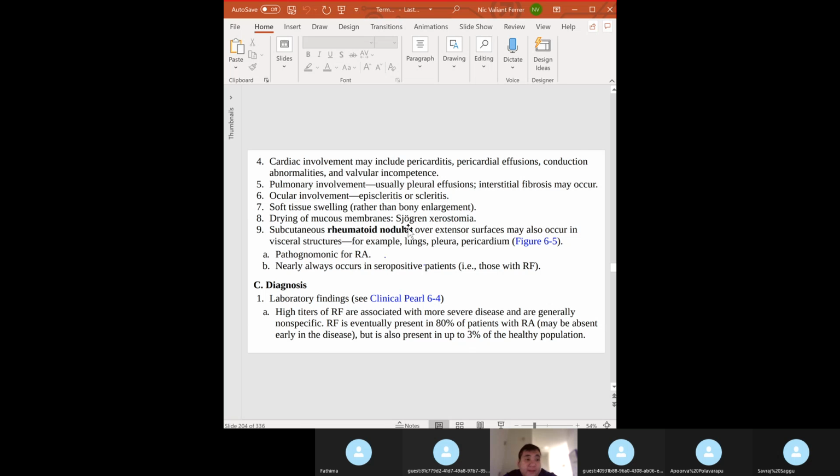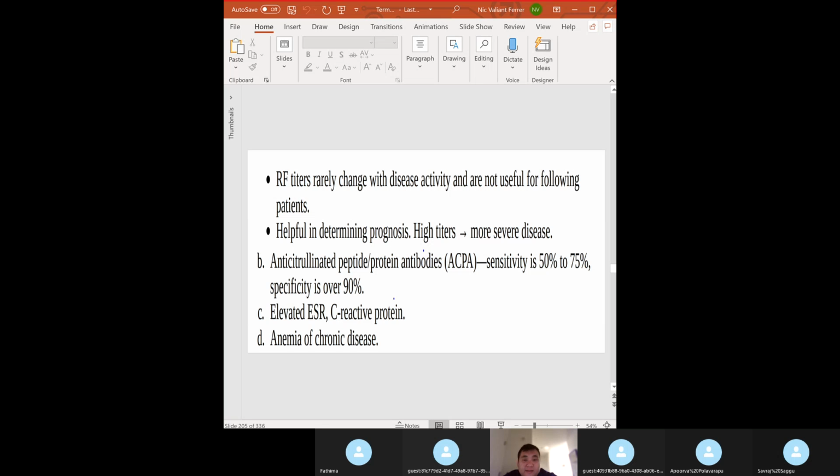What else can we see? Ocular involvement, rheumatoid nodules. You can read all of that. Diagnosis, RF titers. The higher it is, the more severe the disease, your rheumatoid factor. Of course, much more specific for RA is ACPA, high yield anti-citrullinated peptide protein antibodies.